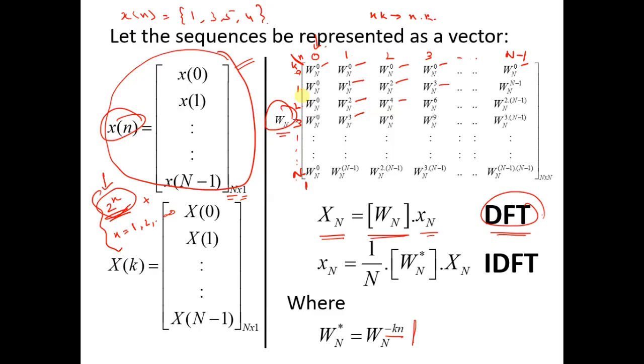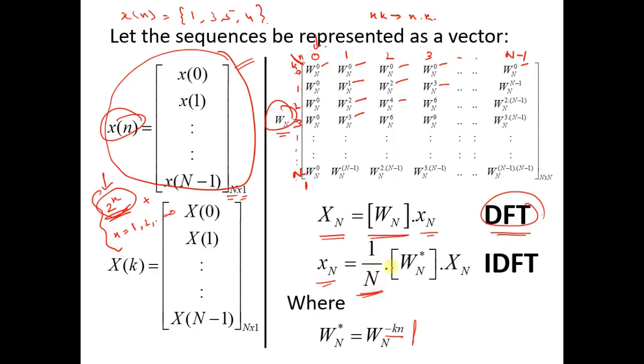So capital X of n is equal to the twiddle factor into x of n. Okay, then if you want to go to the small x of n, which is the time domain signal, you just look here.